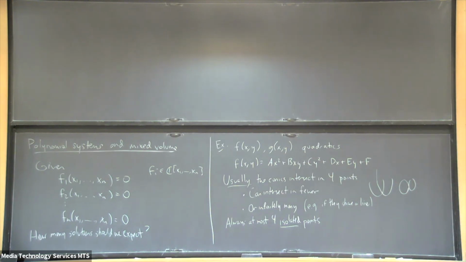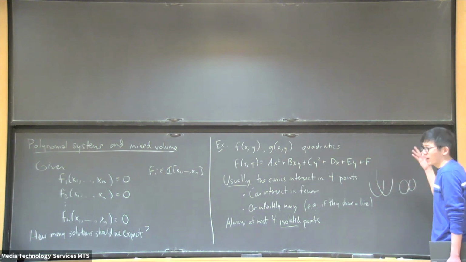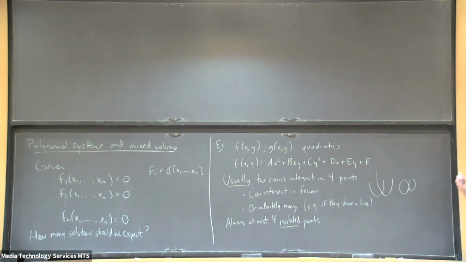And so what this means is that if you choose your quadratics kind of randomly, or the technical term is generically, then these situations will not happen, and they'll actually intersect in exactly 4 points.